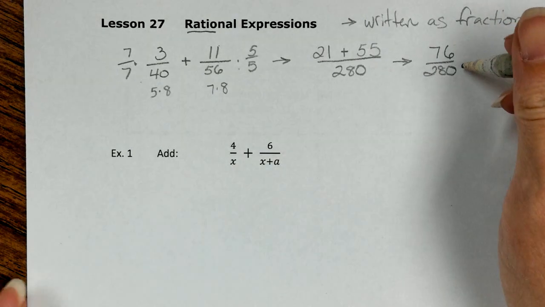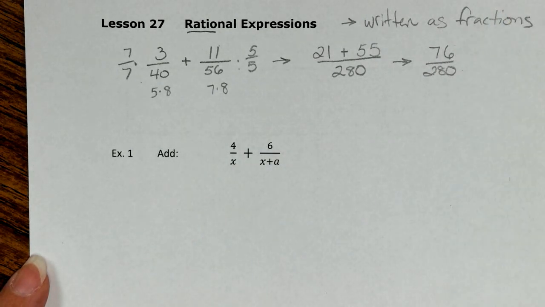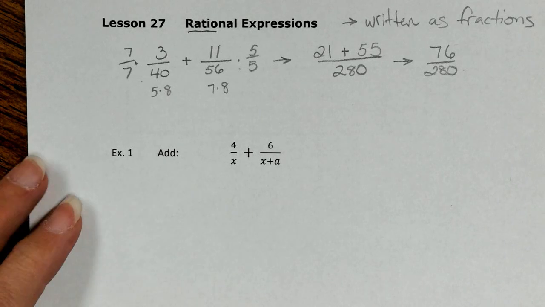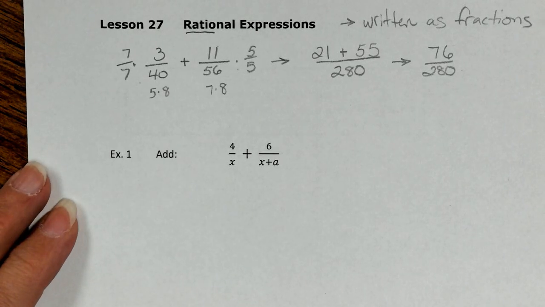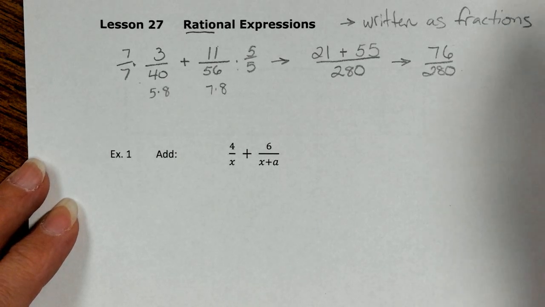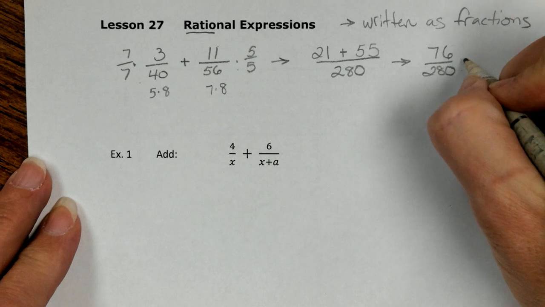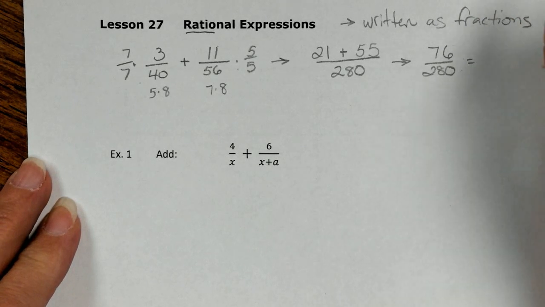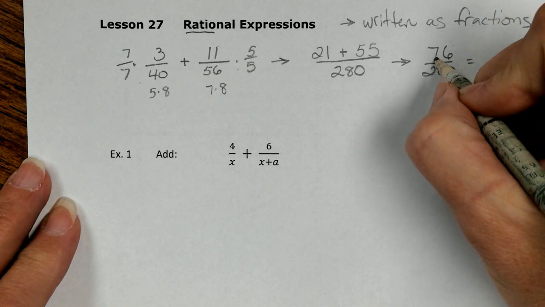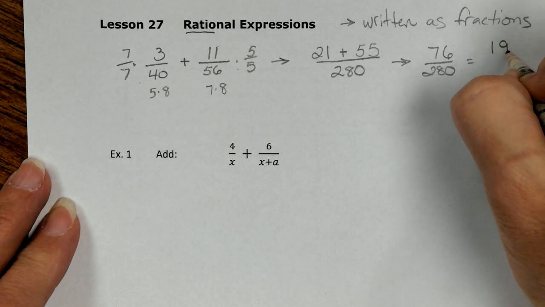And then I also see that this reduces. 76 and 280 are both even, so I know it'll at least divide by 2. I also notice these are both going to divide by 4, so I think I'll do that. Dividing this by 4, I think is 19.